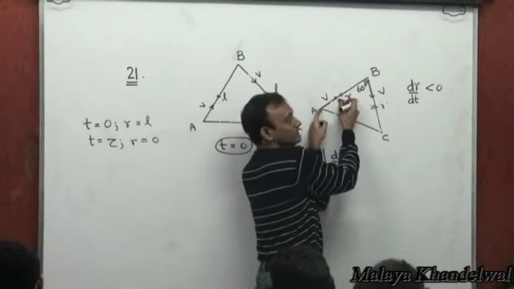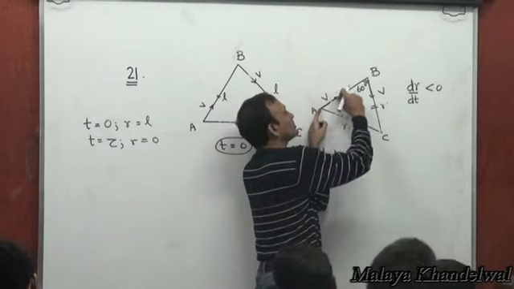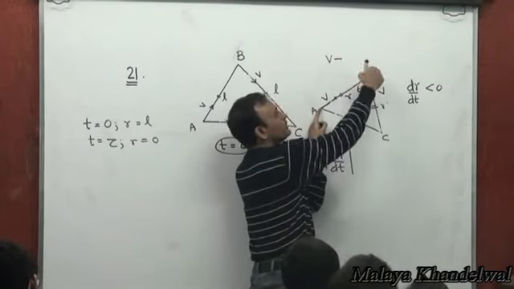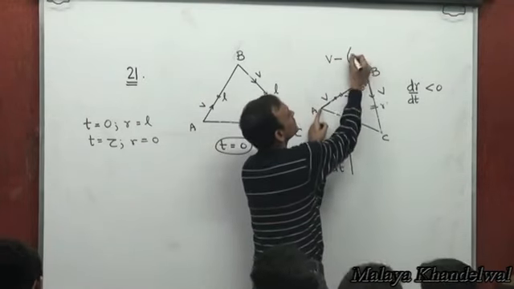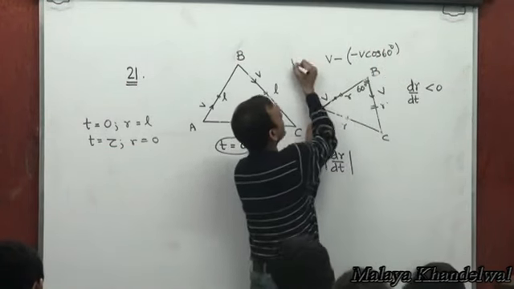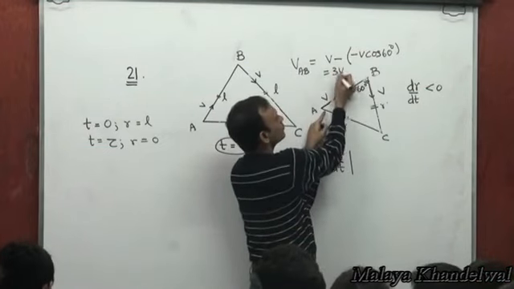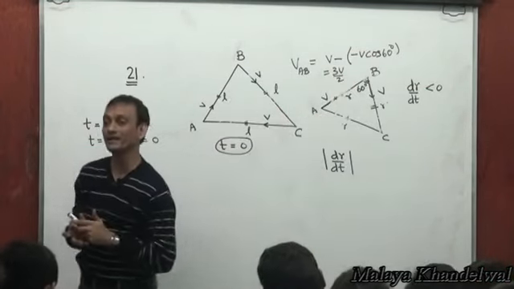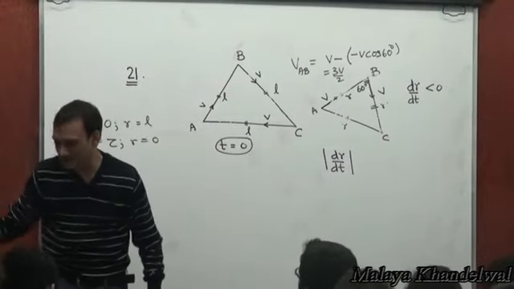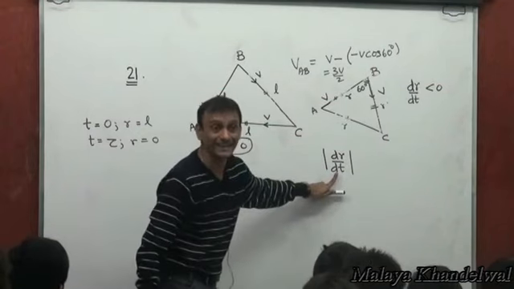Velocity of A along AB minus velocity of B along AB. Velocity of A along AB is v. Velocity of B along AB is minus v cos 60 degrees. So, relative velocity along AB is v minus v by 2, that is 3v by 2 is the relative velocity along AB, and that's mod dr dt.